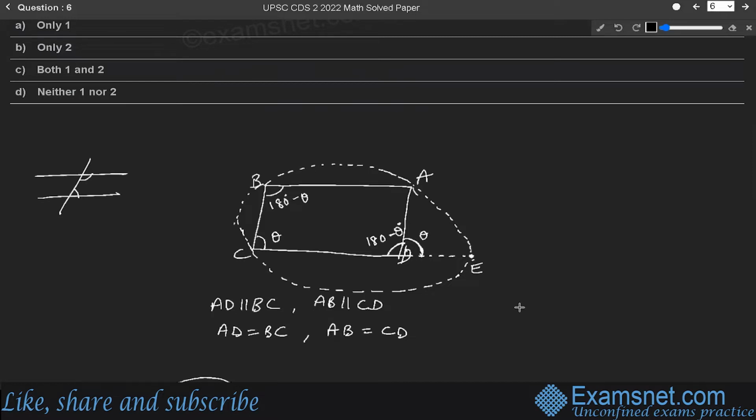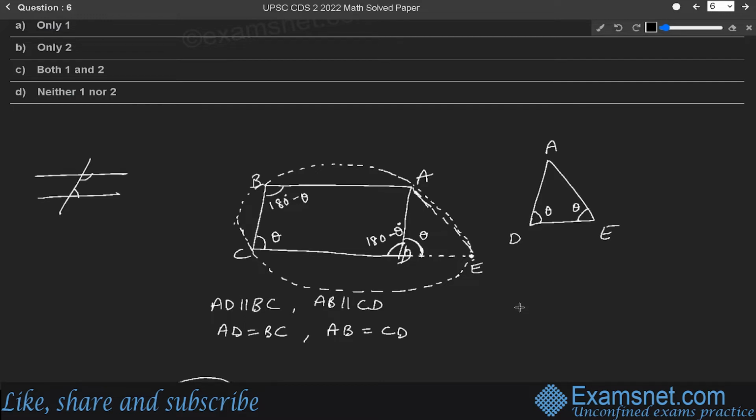Now let us join A and E. You can see that it will form a triangle. So now the triangle we have is A, D and E. We know that angle D is theta and angle E is also theta because it makes an angle when a circle is there.